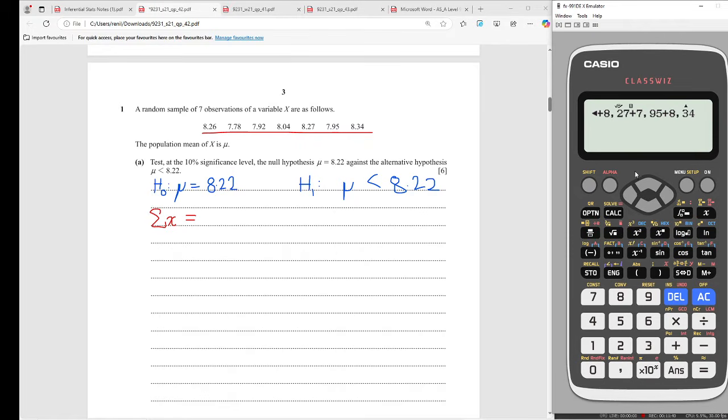Right, so we're just going to double check if all our values are right. 8.34, 7.95, 8.27, 8.04, 7.92, 7.78, and 8.26, and this gives us a value of 56.56. So let's put that here.